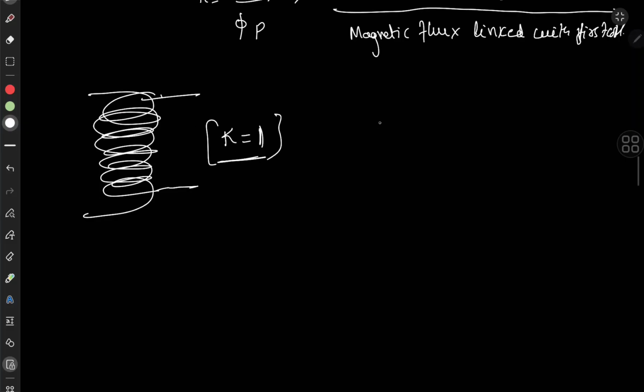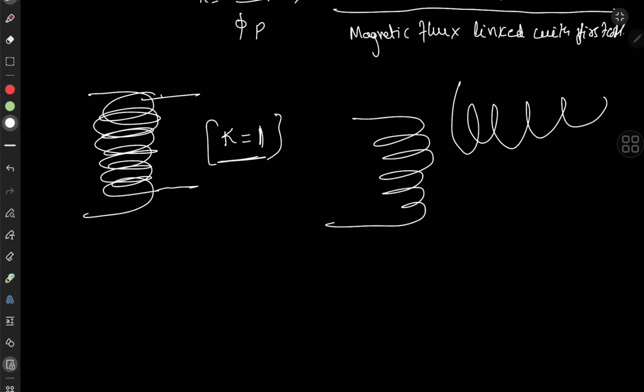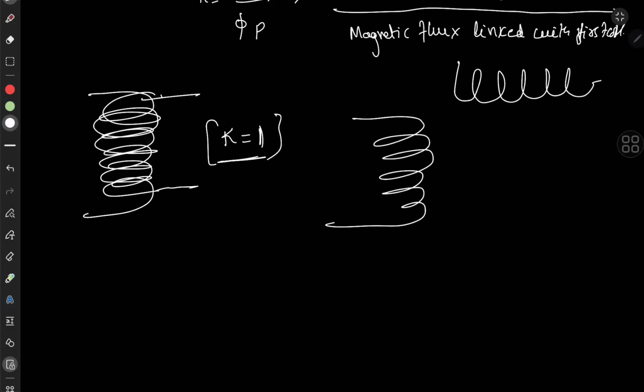For example, you are having one more coil like this and another coil somewhere like this. Then there is no interaction of magnetic field from the first coil and the second coil. So the coupling constant will be 0.